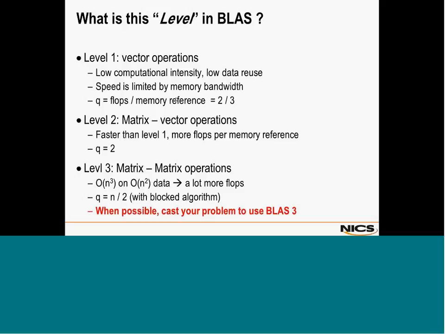Well, a flop is really multiply and add, right? So you can multiply and add in one flop. So I'm a little bit hand waving here, but if you really go through the calculation, you can see, and I can show maybe later, that it's two.